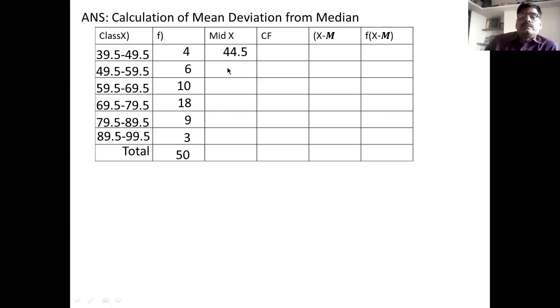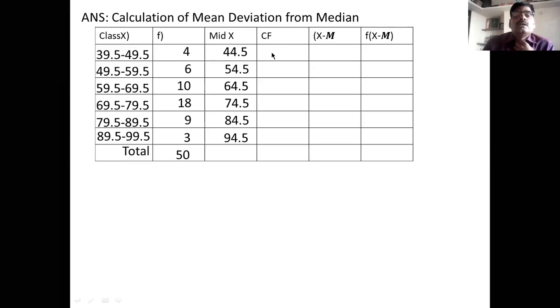You may calculate: 44.5, 54.5, 64.5, 74.5, then 84.5, then 94.5. Again, mid x is the same as already calculated in the previous problem, but the class will change in the median calculation. Remember this point.